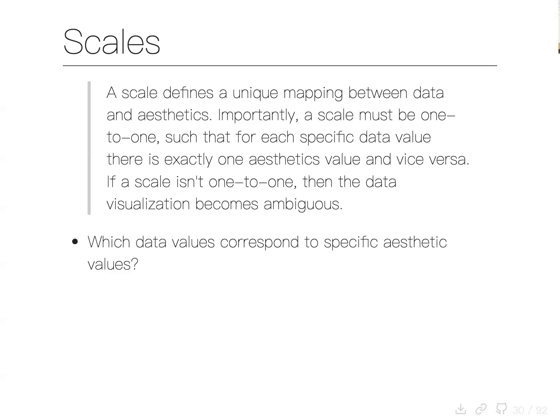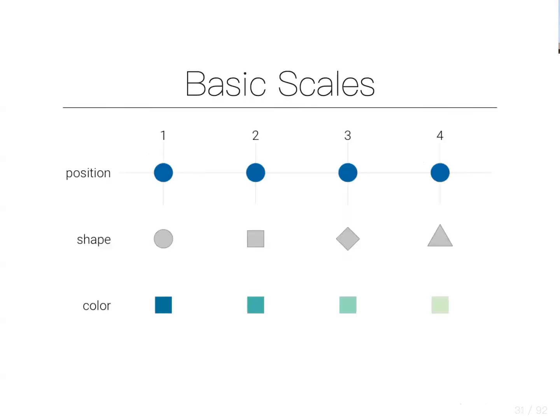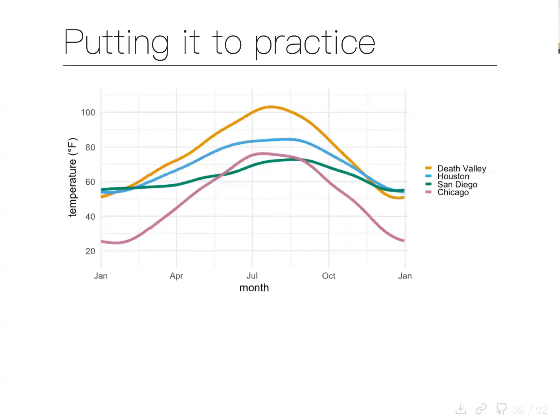So if we're thinking about scales and the previous one, we're thinking about what data values correspond to specific aesthetic values. So we have position, shape, and color. And this is what we're looking at here. We've got two continuous scales, right? We've got month, time, basically, on the x-axis, and we've got temperature.